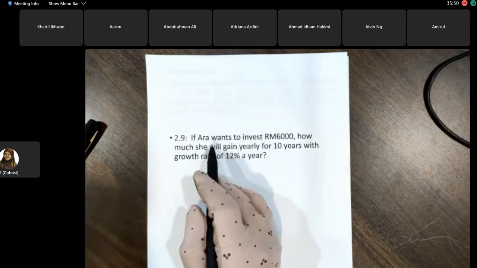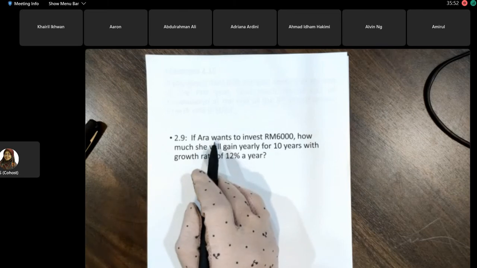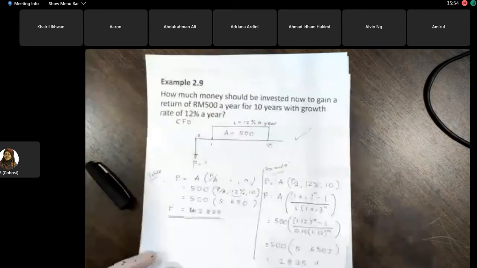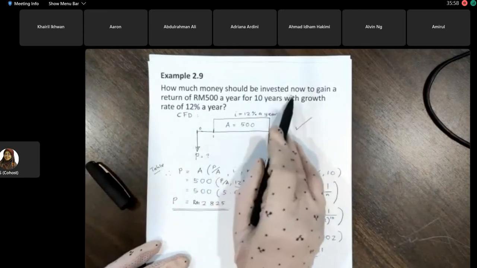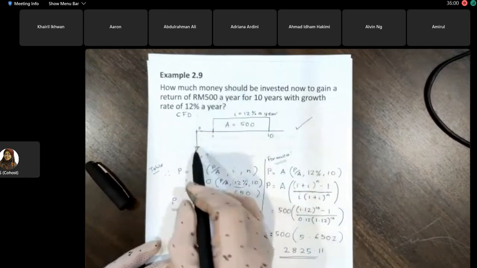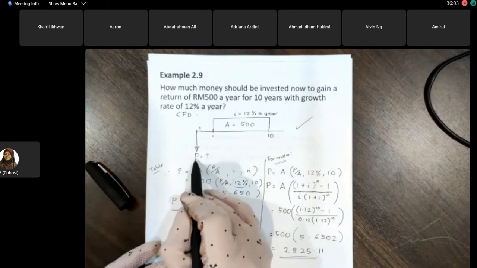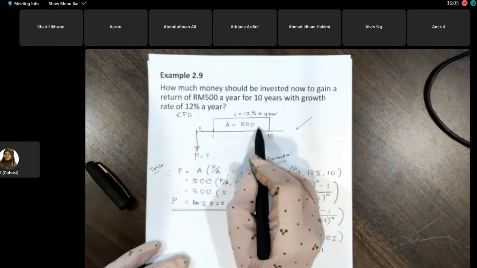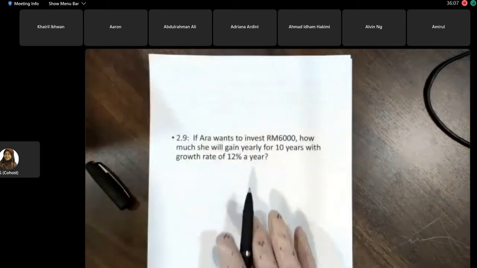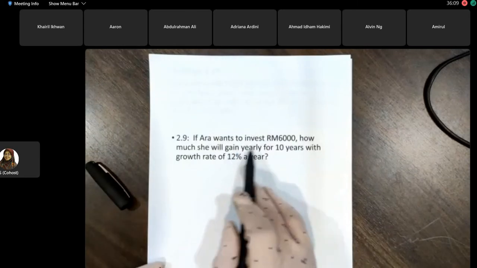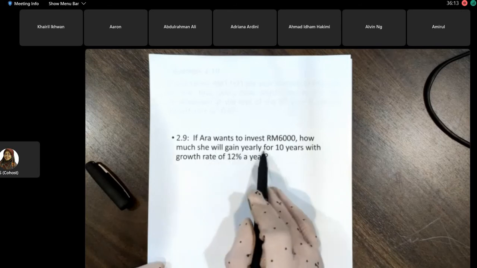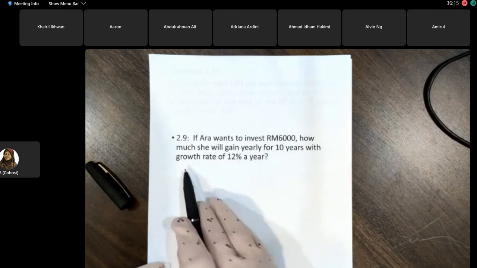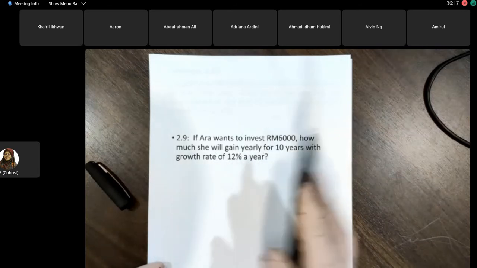The last question, how much money should be invested now to gain a return of 500 ringgit? That means you want to find out what is the P. But now, if Ara wants to invest 6,000 ringgit, how much will he gain yearly for 10 years with growth rate of 12% a year.